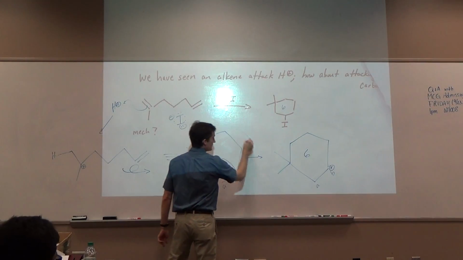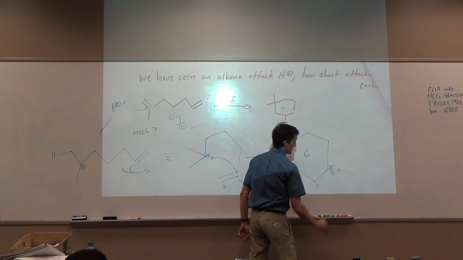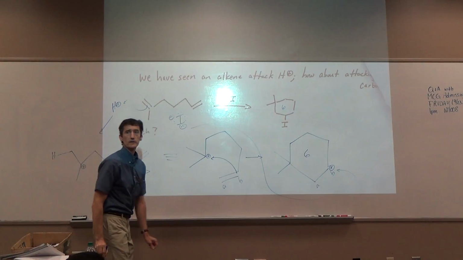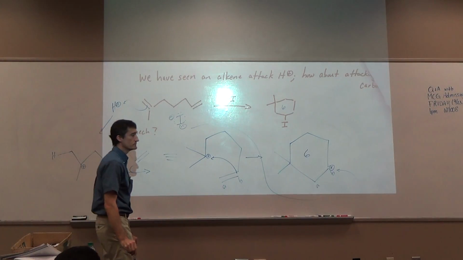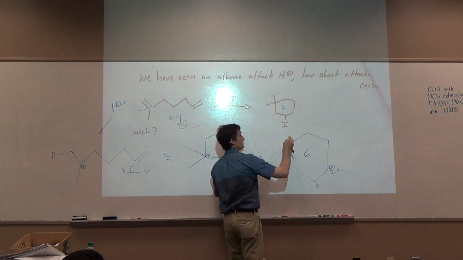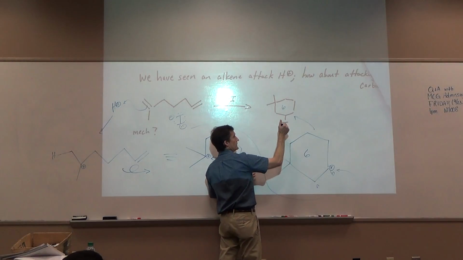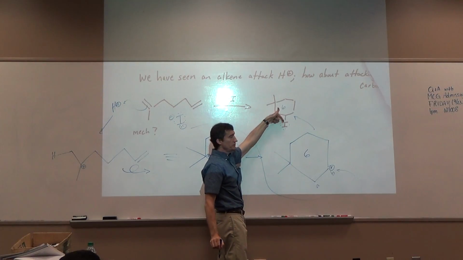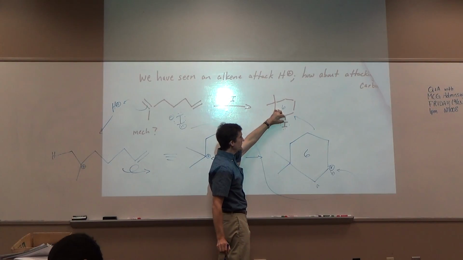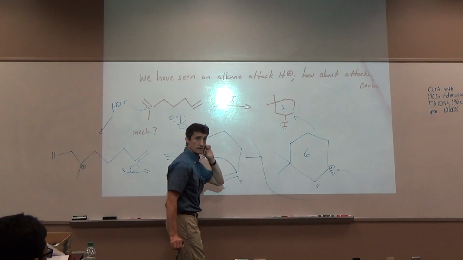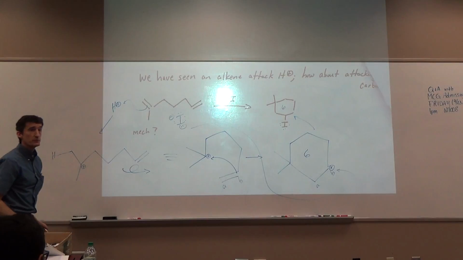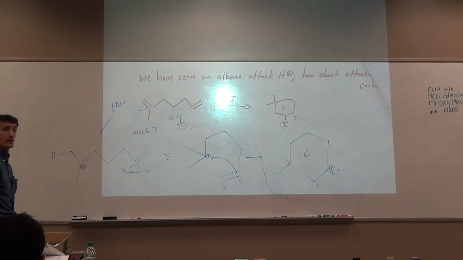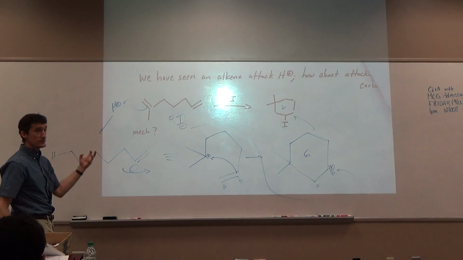These electrons, bam, make a bond to the carbocation. Two electrons in the bond there used to be a lone pair on iodine. Now the two electrons are bonded to the carbon. You have a two-electron covalent bond. The two electrons supplied from the iodide.